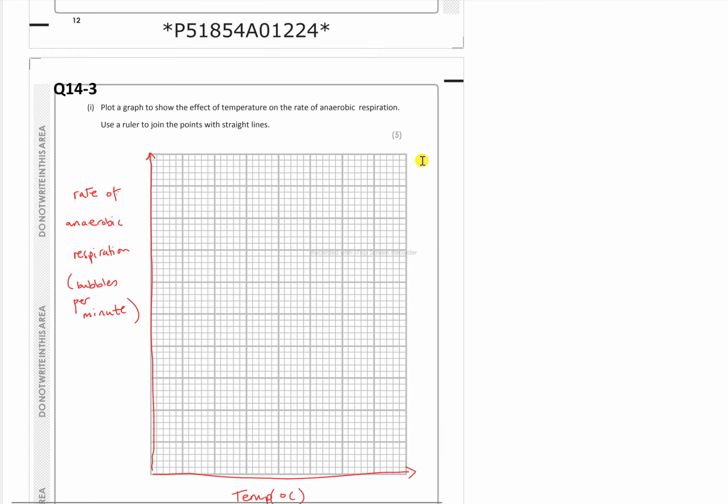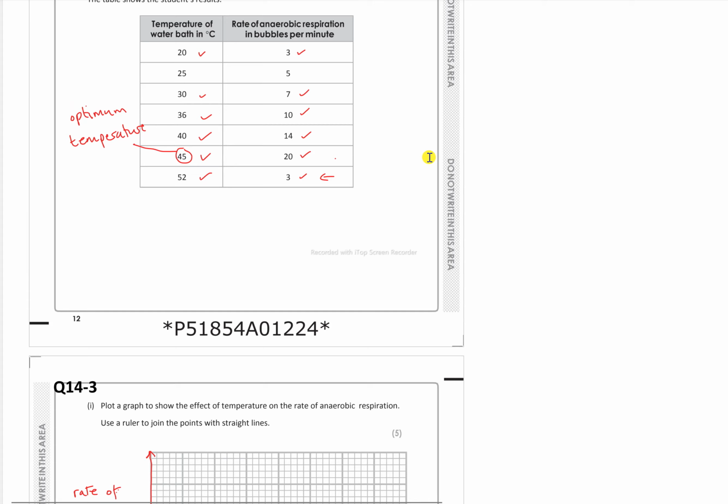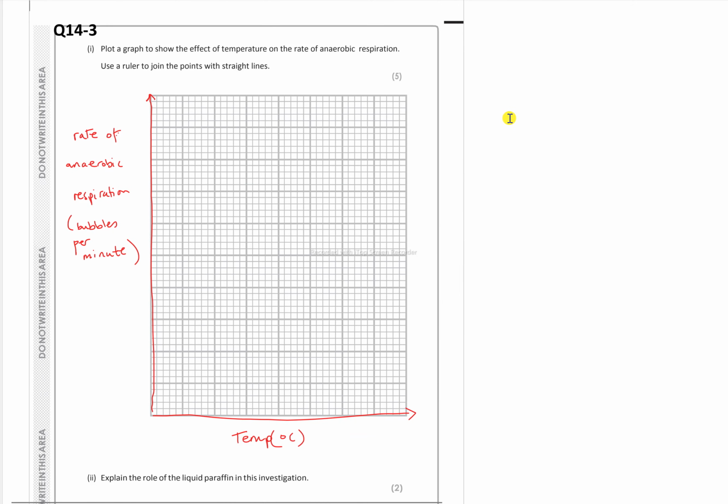Now we need to look at the temperatures, 20 to 52. So if we started at 20, then 25, 30, 40, 50. Although it wouldn't matter. So if I started at 20 here, that was 30, this was 40, this is 50, so 52 would be here.